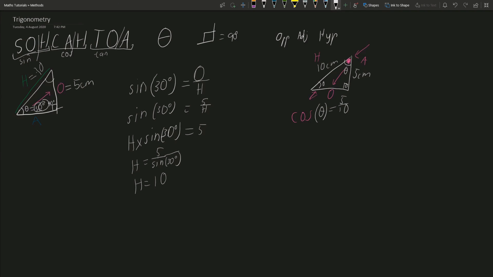Now this is where you'd use a function on your calculator called cosine -1. And what that is simply an inverse. So if you don't have the angle and you just have the side lengths, you just use that to find your angle. And you should get 60 degrees. Hope that helps.